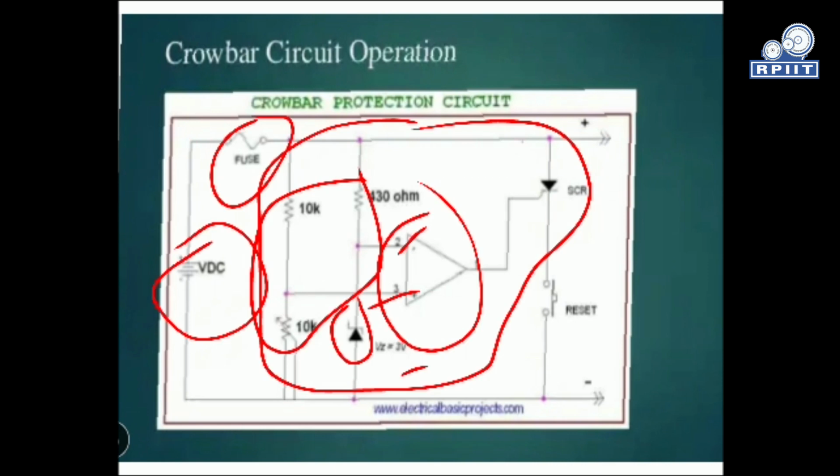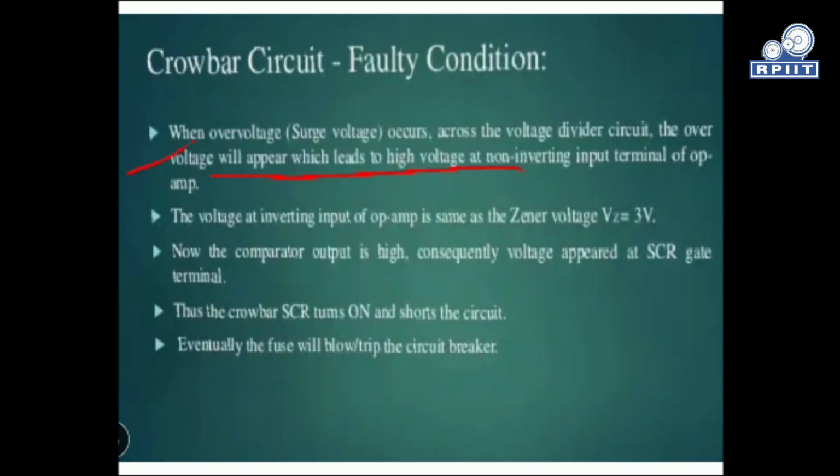The high voltage appears across the non-inverting terminal of this comparator, and it will be compared. The voltage at the inverting input of the op-amp is the same as the Zener diode, that is 3 volts. This is the normal condition versus the faulty condition.